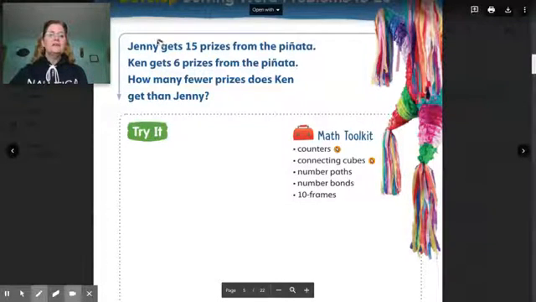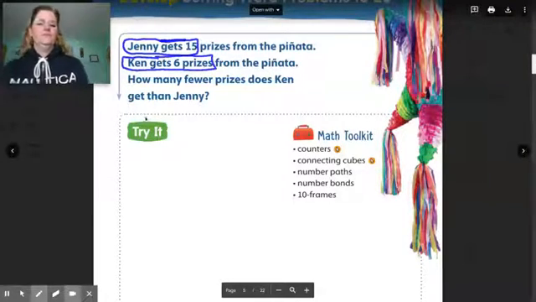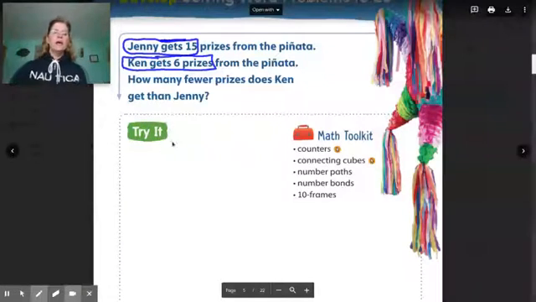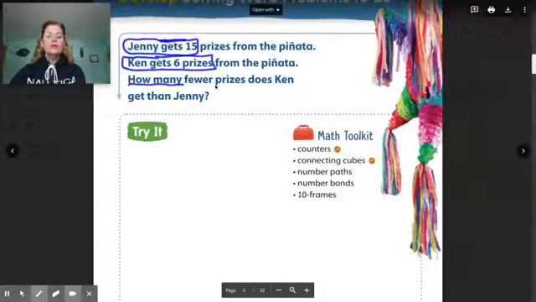Jenny gets 15 prizes. It's a lot. And then it says Ken gets 6 prizes. And then we are trying to figure out how many fewer prizes does Ken get than Jenny?